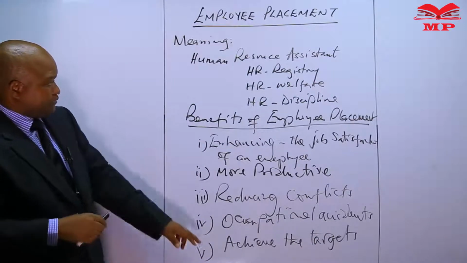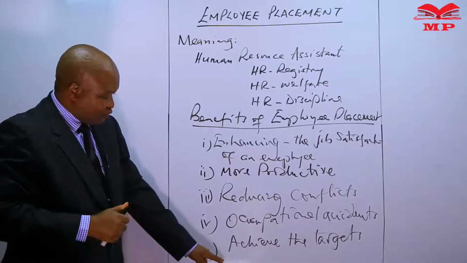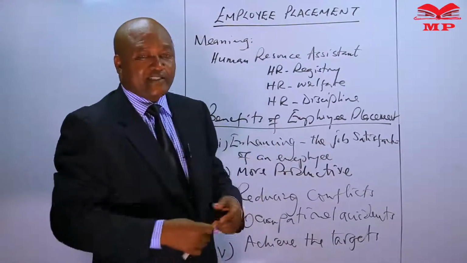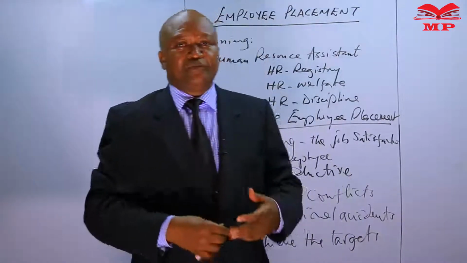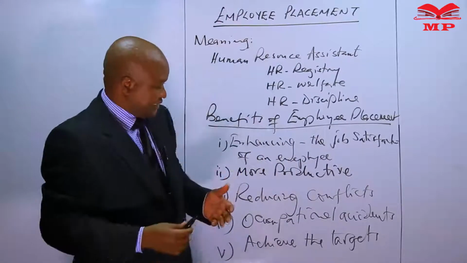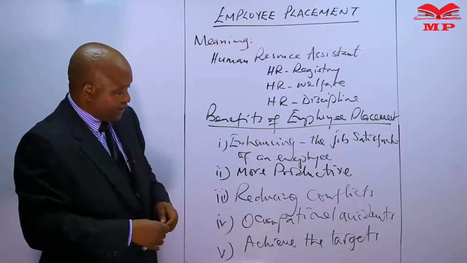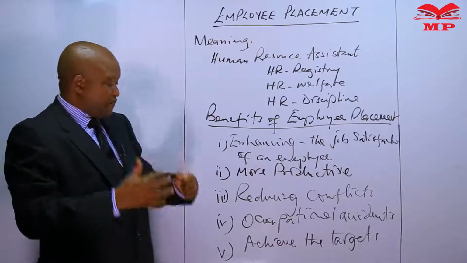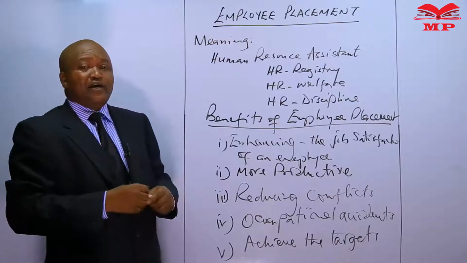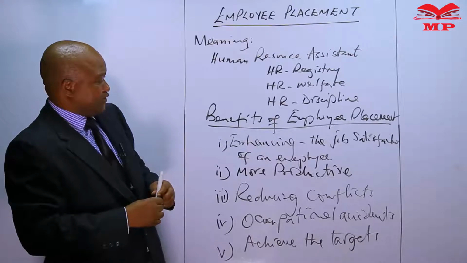So once an employee has been placed, for instance, as a human resource assistant in charge of welfare, they are able to ensure that employees who are supposed to access welfare services like housing, medical checkup, and medical treatment for themselves and their families are able to achieve the targets. And once they achieve the targets, then the working environment will enjoy a better image from the users, both internal and external service providers or external customers that they serve within that particular organization.